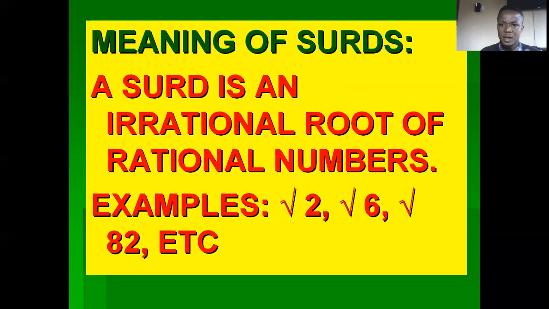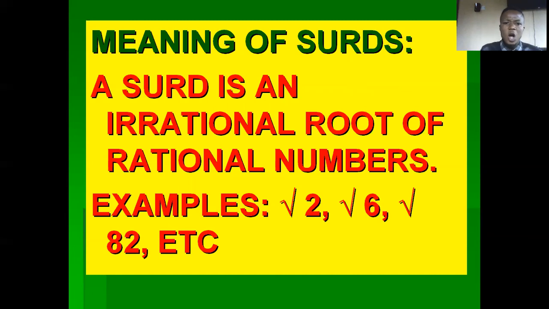It is rational. But when you put this 2 inside the square root, it gives us an irrational value. 6 is a rational number on its own, but when it appears inside the square root, it gives us irrational values because it will keep on recurring. 82 is a rational number, but when it enters the square root, it gives us recurring values.